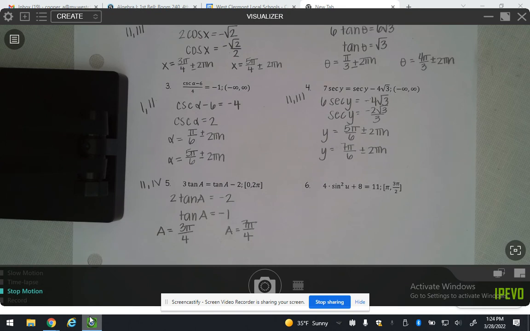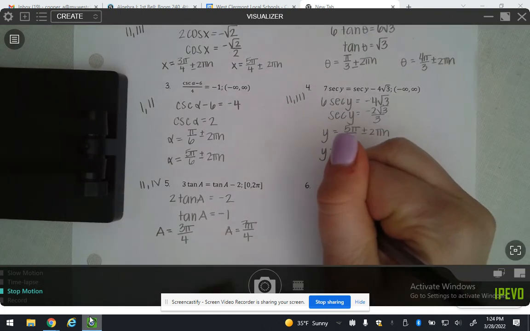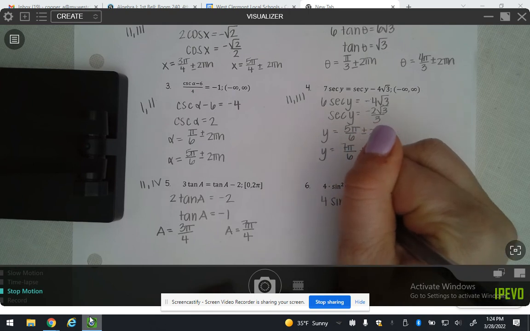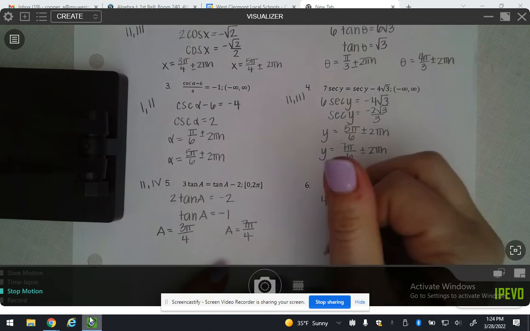What am I going to do on 6 first? Subtract 8. So I have 4 sine squared of u equals 3. What am I going to do now? Divide by 4.